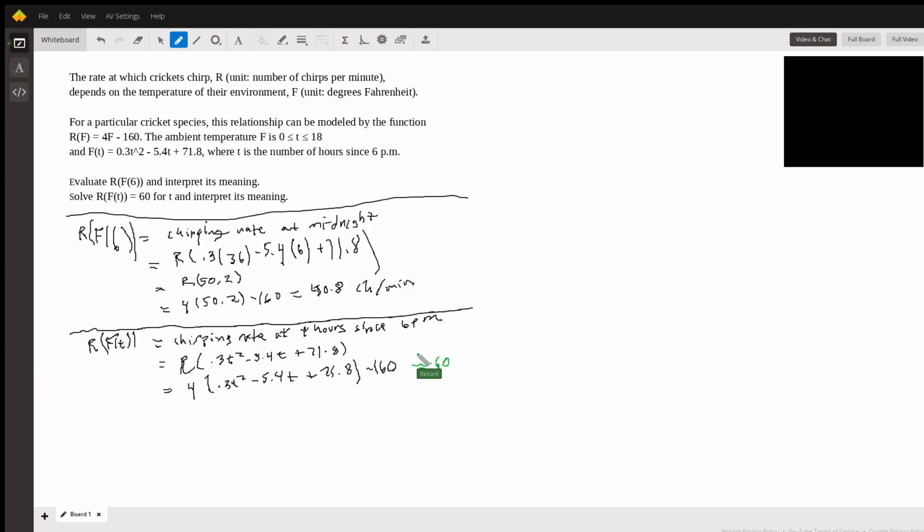And when I do that on my calculator, I get t equals 4.